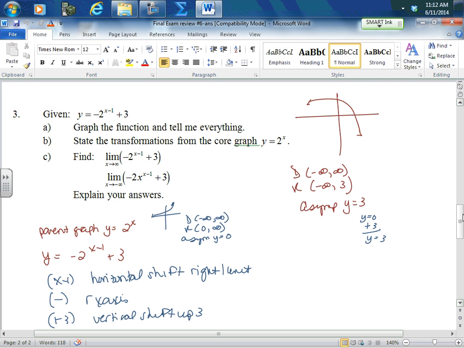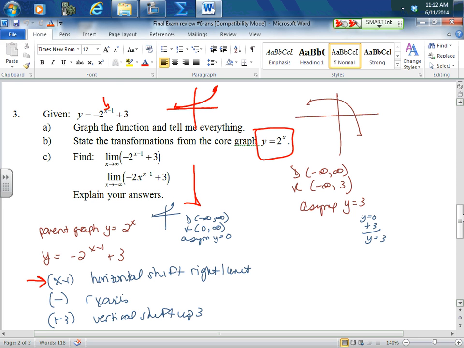Make sure you graph your parent graph first. Here's your parent graph, a basic exponential curve, domain all real numbers, range from 0 to infinity. Transformation. Start where you would put your X. You're going to move a horizontal shift to the right.